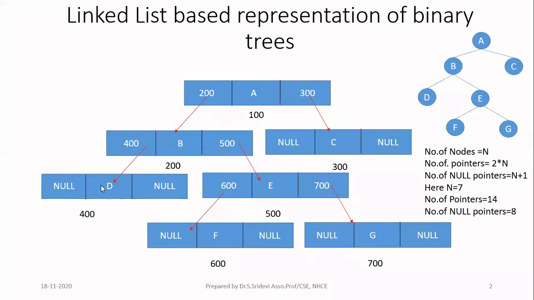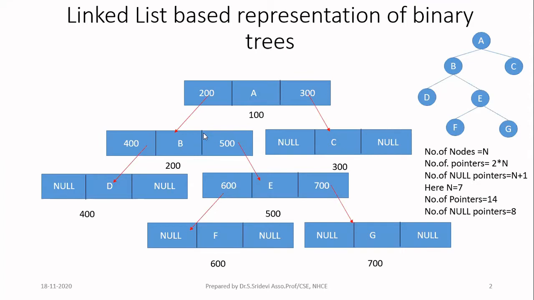If you look at the leaf node D, since it is a leaf node, it will not have any children. Therefore, both the right and the left pointers will have null value, indicating that the node is not having any children. So in this tree, I have 4 leaf nodes, and all the 4 leaf nodes have their child pointers as null.